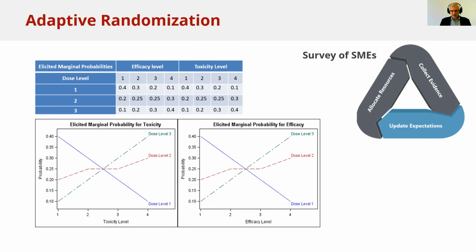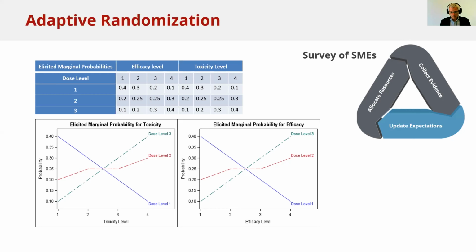Adaptive randomization says you're not going to do that with equal probability throughout the study. You're going to adapt the probabilities at which a patient is assigned to one treatment arm versus another. And you're going to do that based on the recruited patients that come in to date.